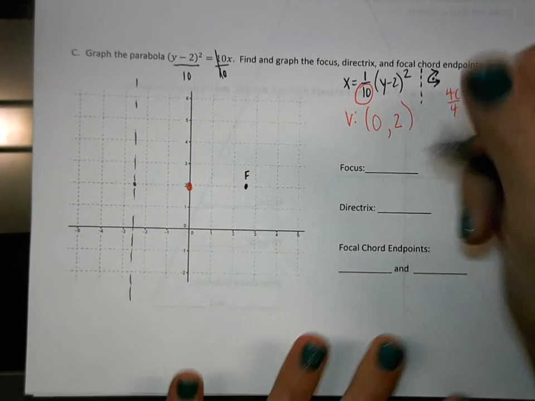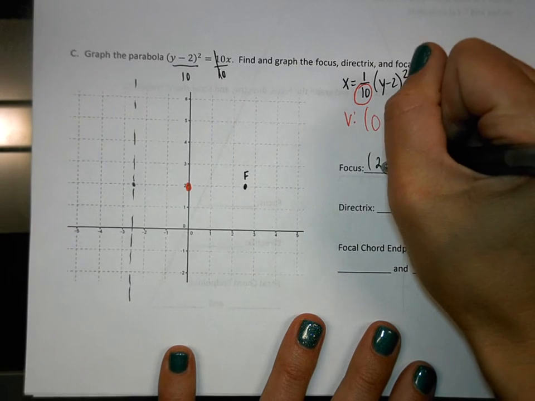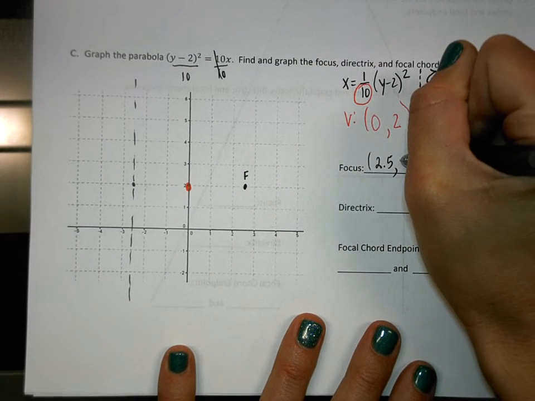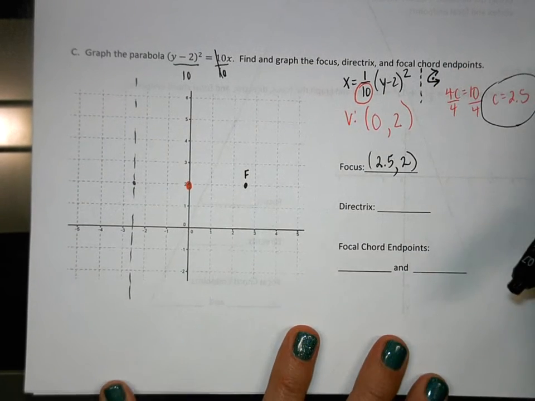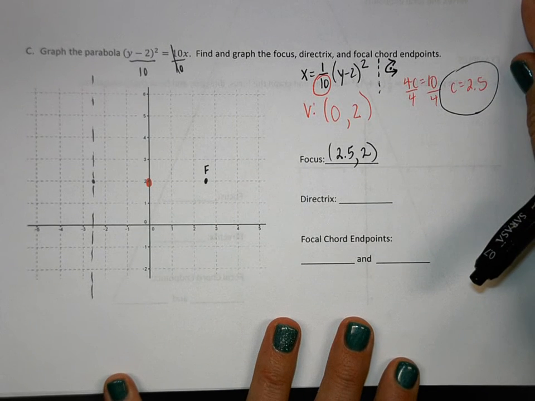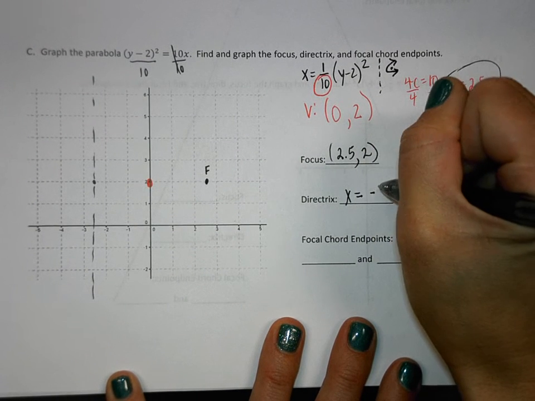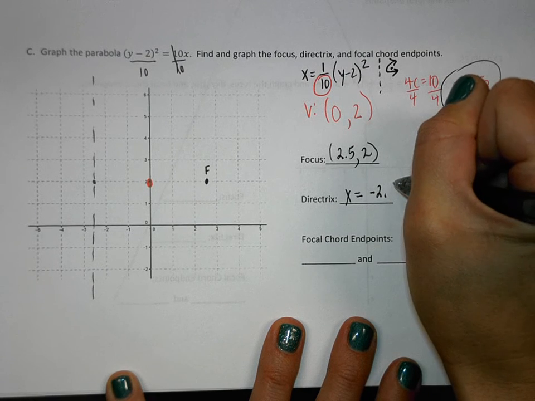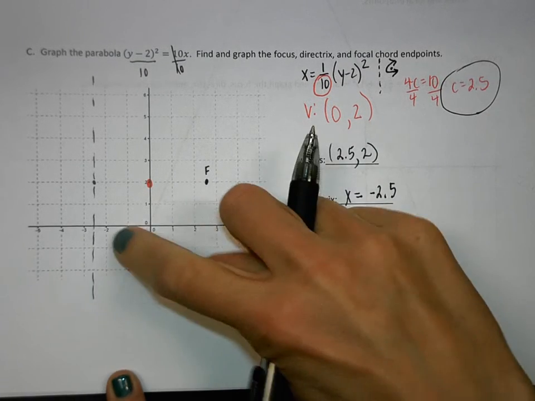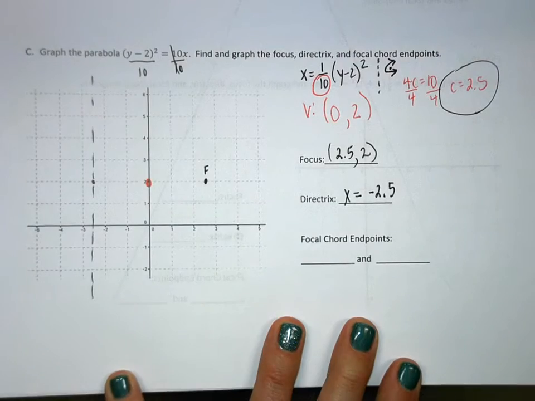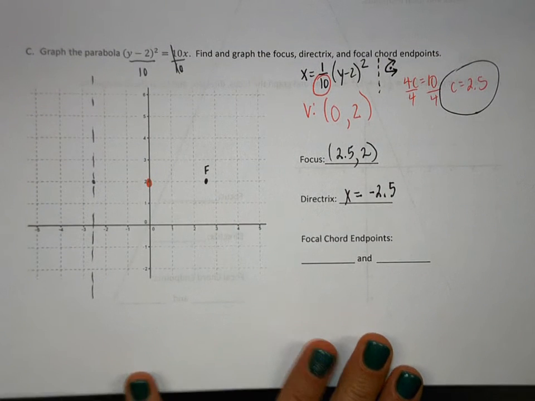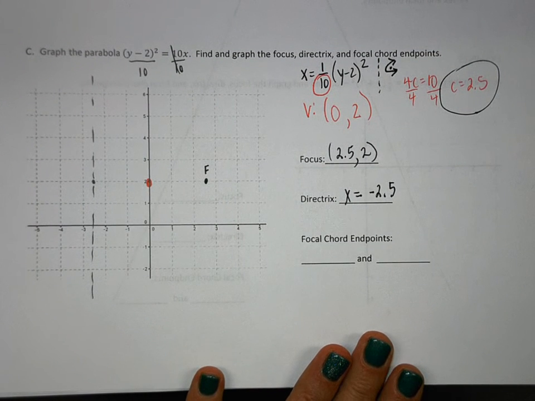Good. So for the focus, it is 2.5, comma, 2. And my directrix, what is the equation? x equals negative 2.5, right? That's at negative 2.5.